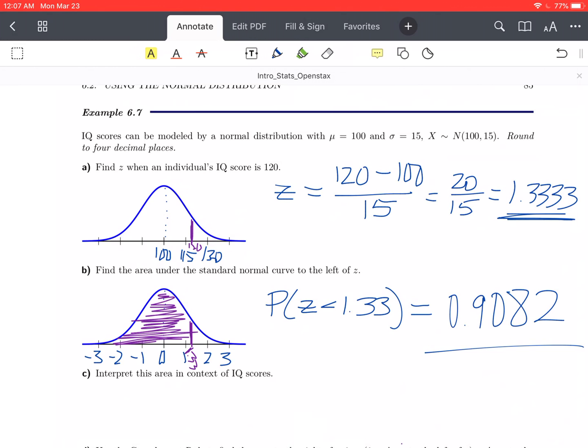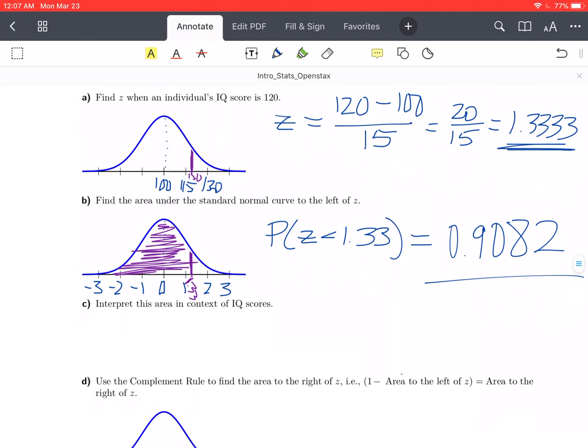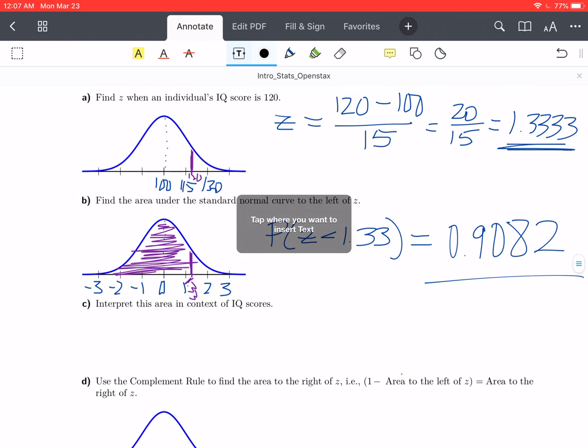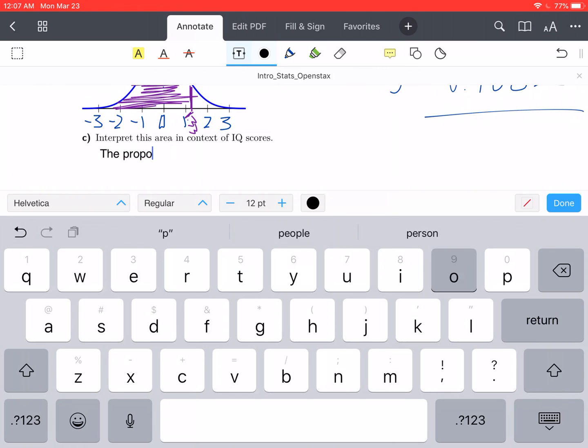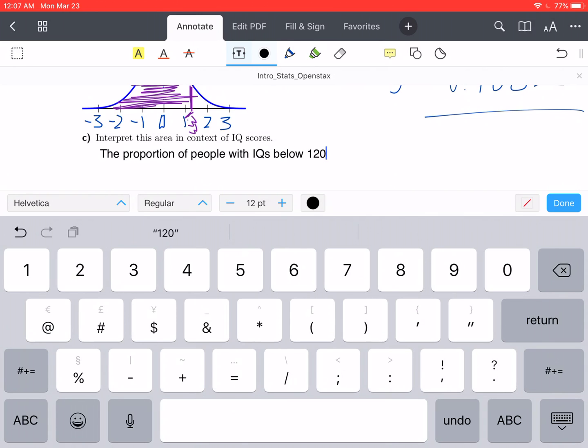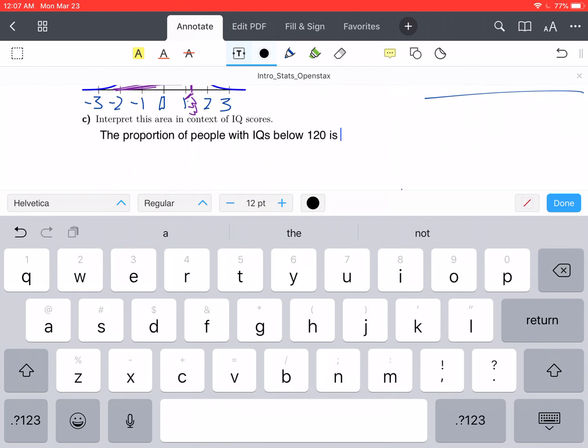Now, if we interpret this in the context of IQ scores, well, we interpret this similarly to how we did the last one as well. So we say the proportion of people with IQs below 120 is 90.82%.